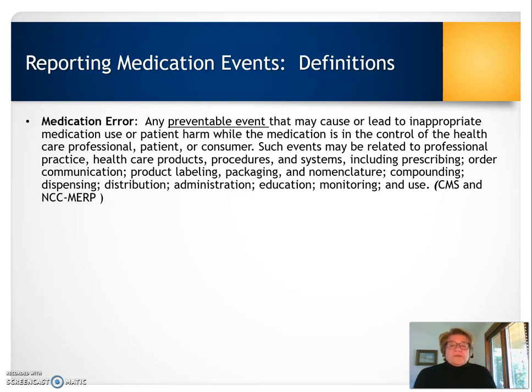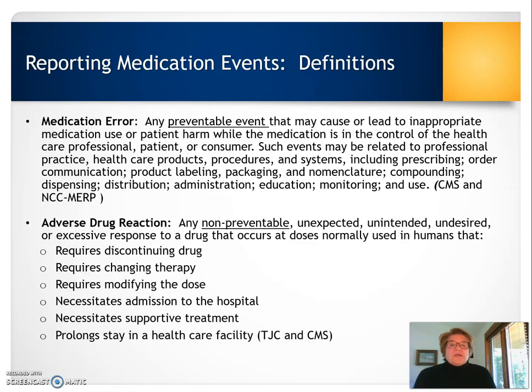Med errors, and again, we could talk for ages on this. It's a preventable event as opposed to an adverse drug reaction, which is non-preventable. That's when you give a medication and somebody has a complication and you report that to pharmacy, and they transfer that information to the FDA.